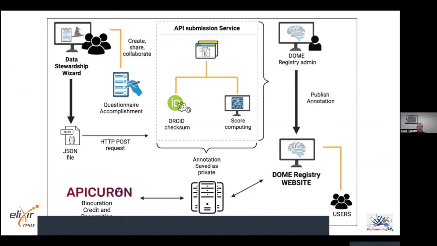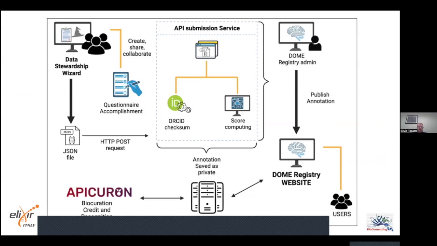So here we have an input form, which takes the form of a questionnaire, which can be filled out, and this produces some JSON file, which is then submitted via an API to the DOME registry proper. There, the annotation is saved as private, and we are able to recognize the contributions of the authors, which provided this annotation via Epicuron, which is our platform for biocuration credit and recognition.